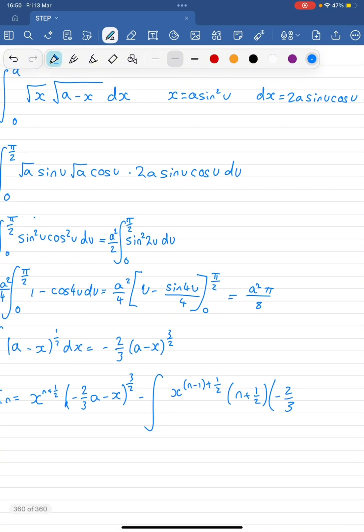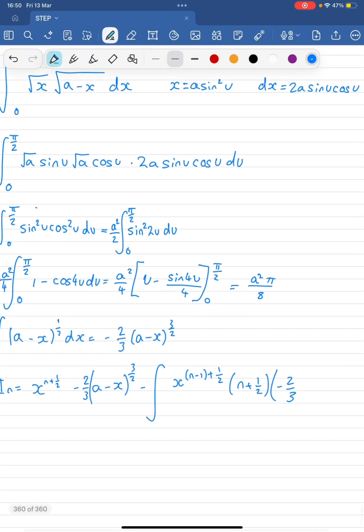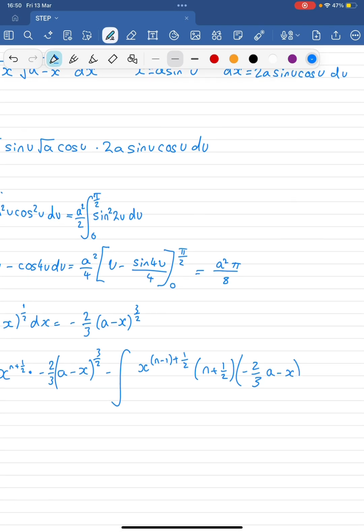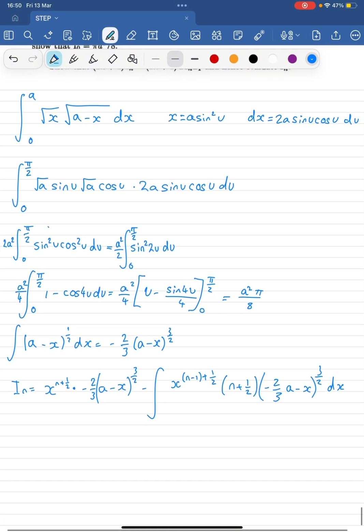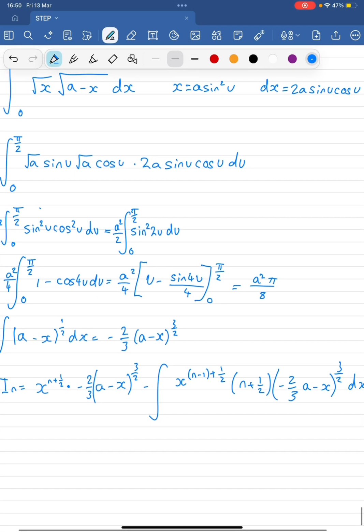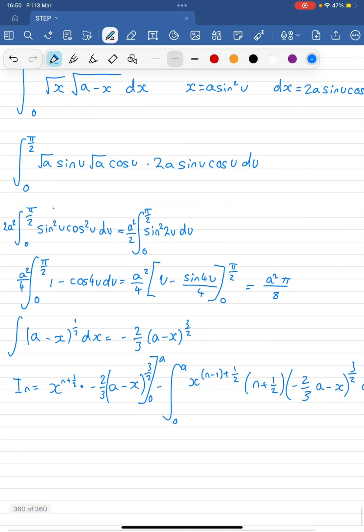Wait, is this right? Minus 2/3 a minus x to the power of 3 over 2. Yeah, and that's a product, so just write that there. And then that's between, of course, our bounds, a and 0. So if we evaluate this between a and 0, then we just get 0, because this term is 0 for the upper bound, and for the lower bound, this first term is 0.